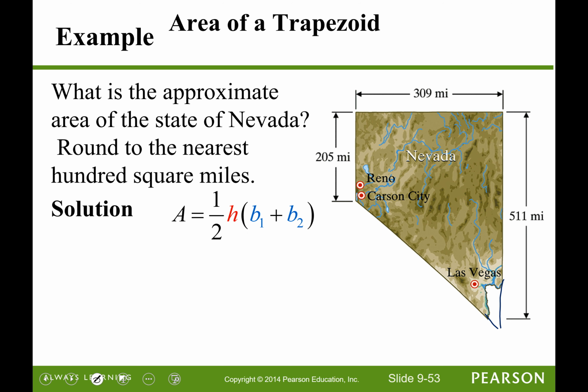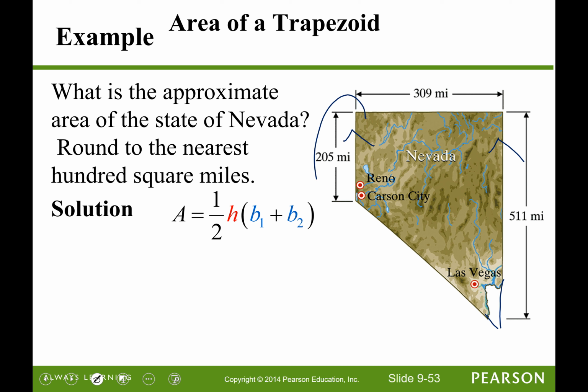All right, so we set up our formula. Area equals 1/2 the height times the sum of the bases. And now we need to plug in lowercase h, lowercase b sub 1, and lowercase b sub 2. Remember, in a trapezoid, identify the parallel sides, and those will be your bases.